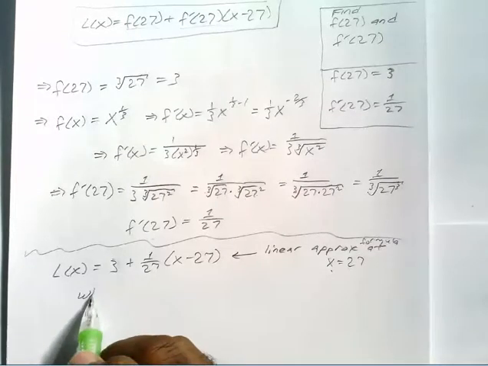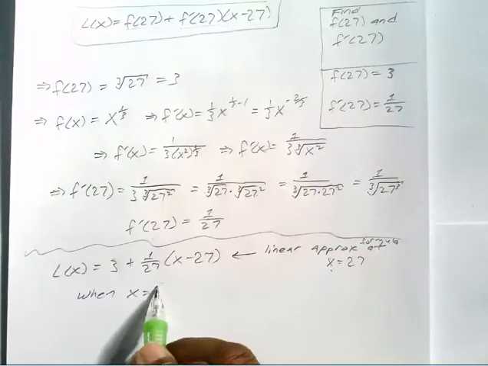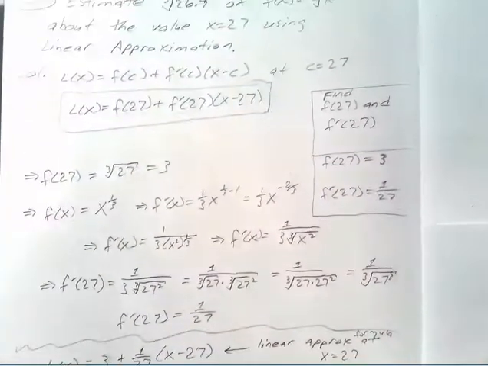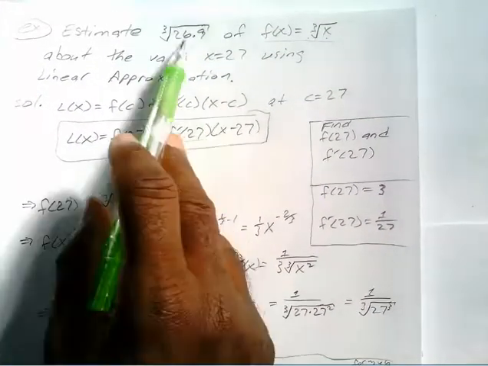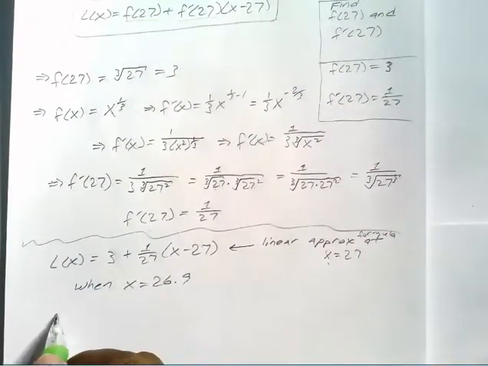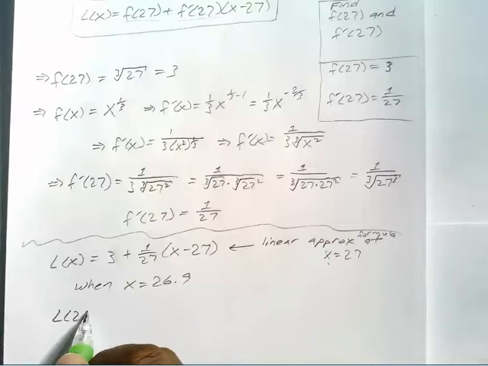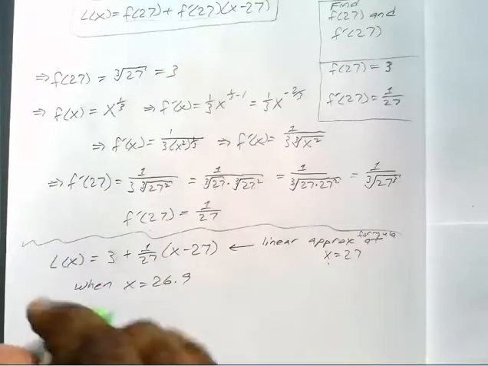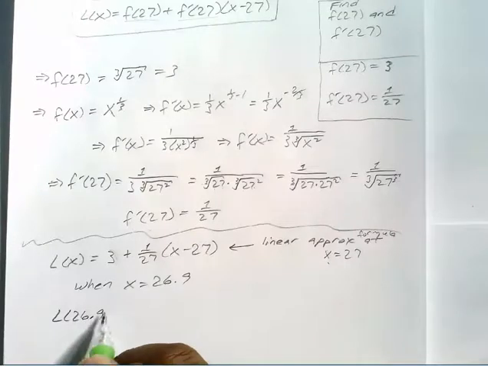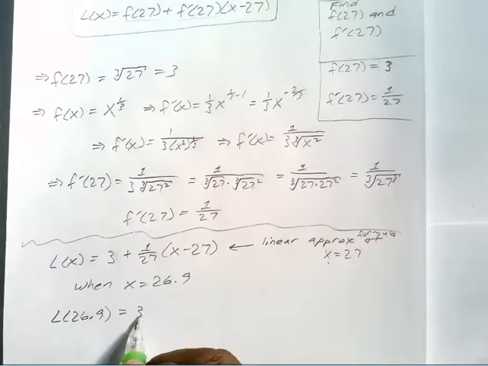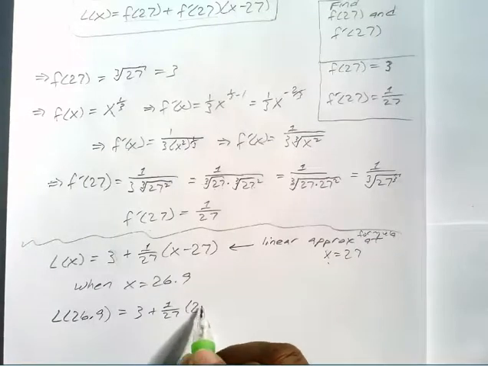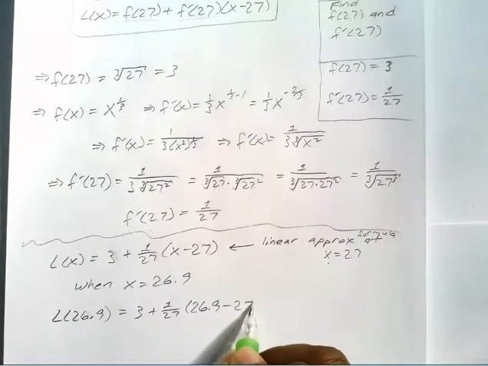Now when x is equal to 26.9, that will give us our cube root approximation. 26.9 is equal to 3 plus 1 over 27 times 26.9 minus 27.